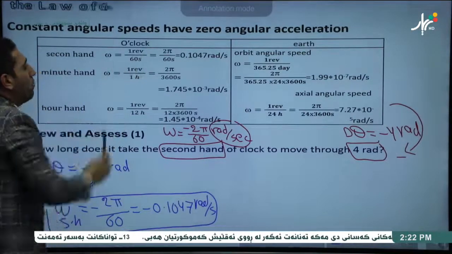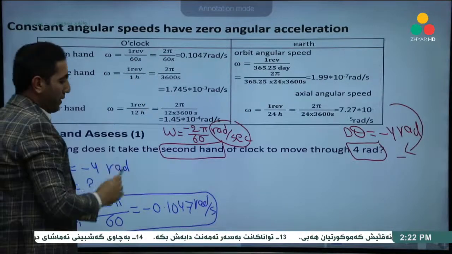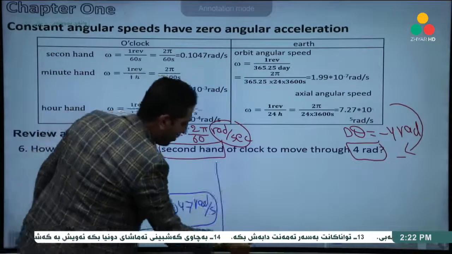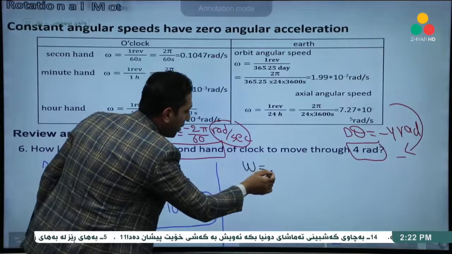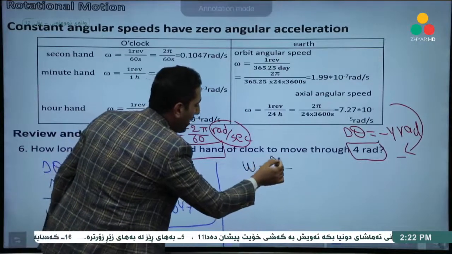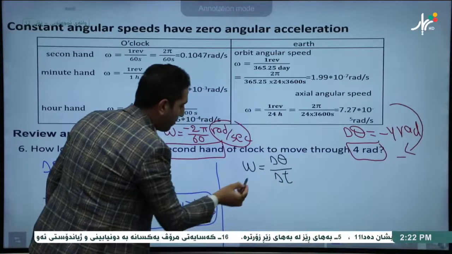For the second hand, 1 revolution is 60 seconds, so 2 pi over 60 seconds. You know that omega is equal to delta theta, the angular displacement, over delta t.